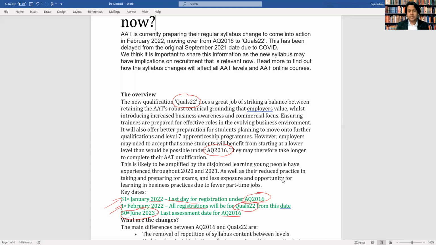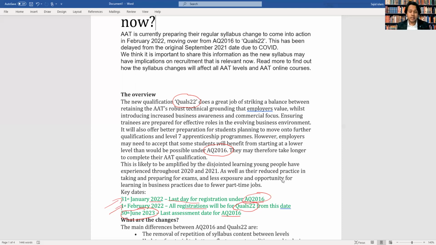So what happens if someone cannot pass all the papers? They have to merge. They have to jump from one syllabus to the next syllabus. AAT will tell you how many papers you already passed and how many are left. They will do a mutual agreement and tell you that you can start with this paper because you already passed that one and don't have to do it.